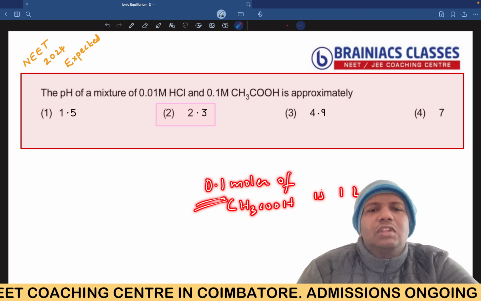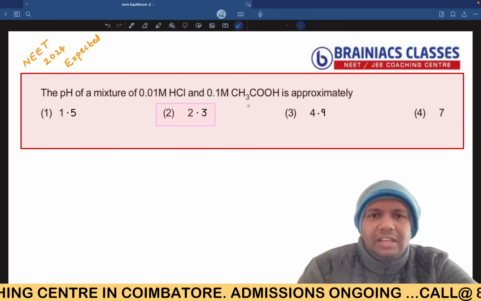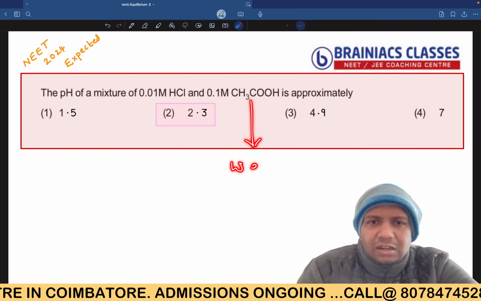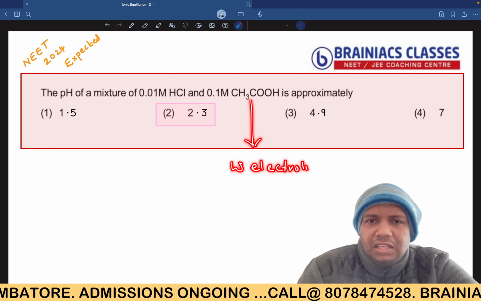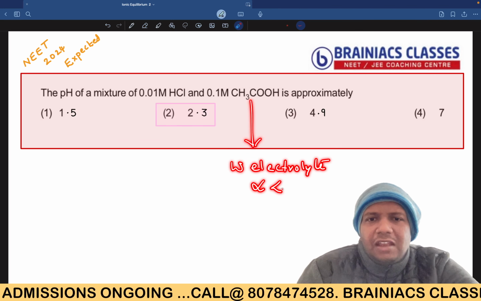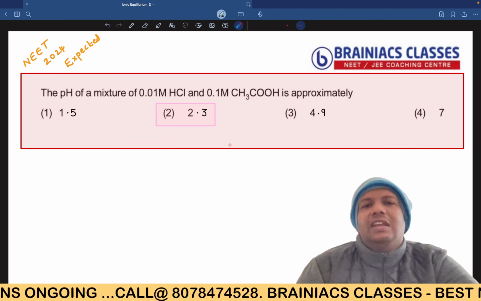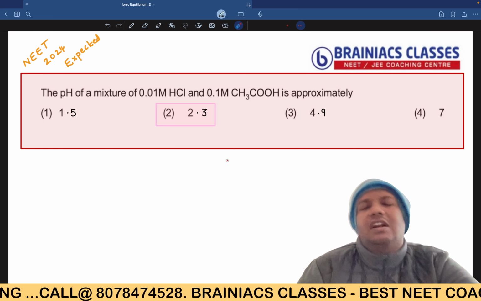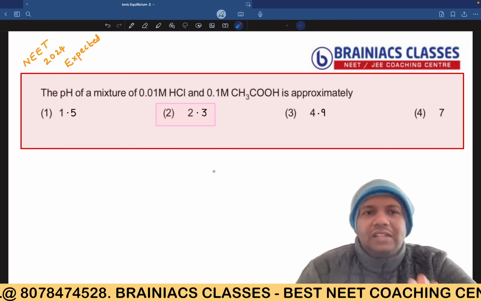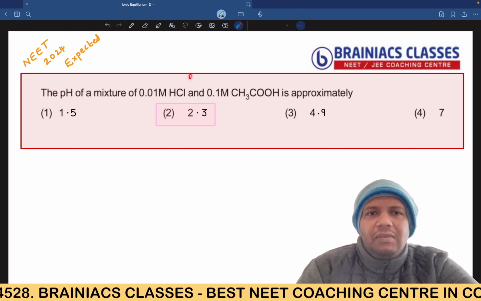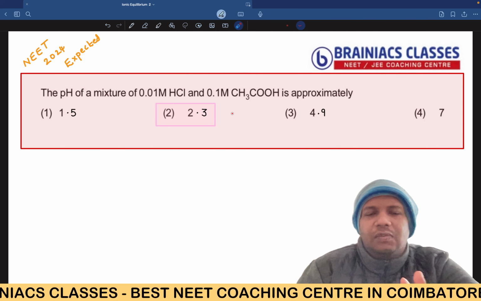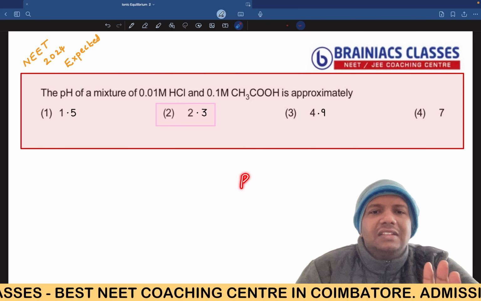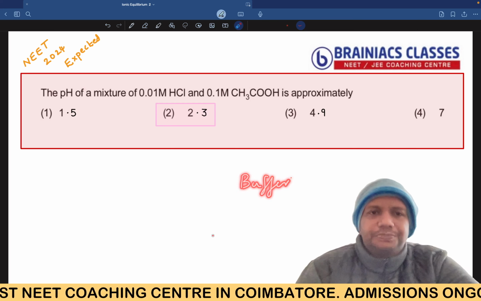But this entire 0.1 mole will not dissociate because it is a weak electrolyte. Its alpha value would be less than 1. So I cannot ensure that the entire thing will undergo ionization. That's why in this type of question, whenever weak electrolytes are there, we need to think about whether there is a possibility of a buffer or not.